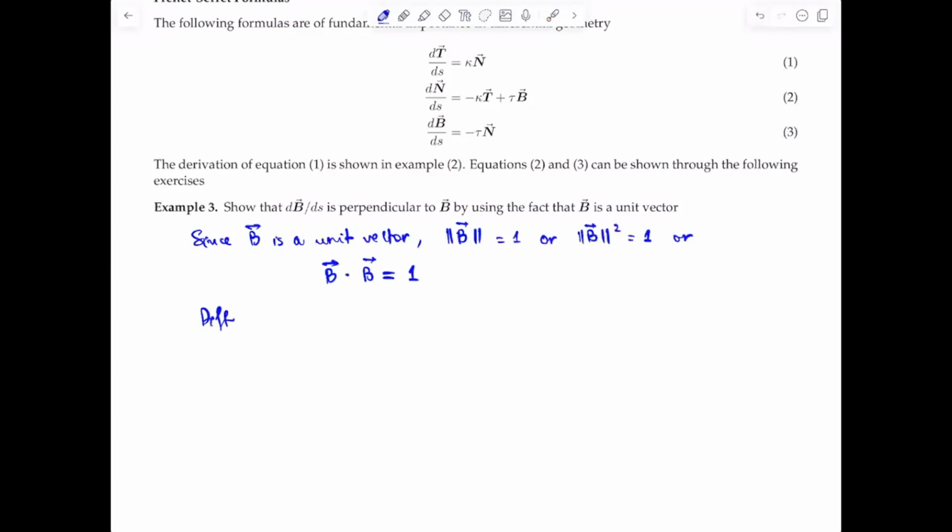Now, the next step is to differentiate both sides of the last equation. We get B prime dot with B plus B dot with B prime equal to 0.